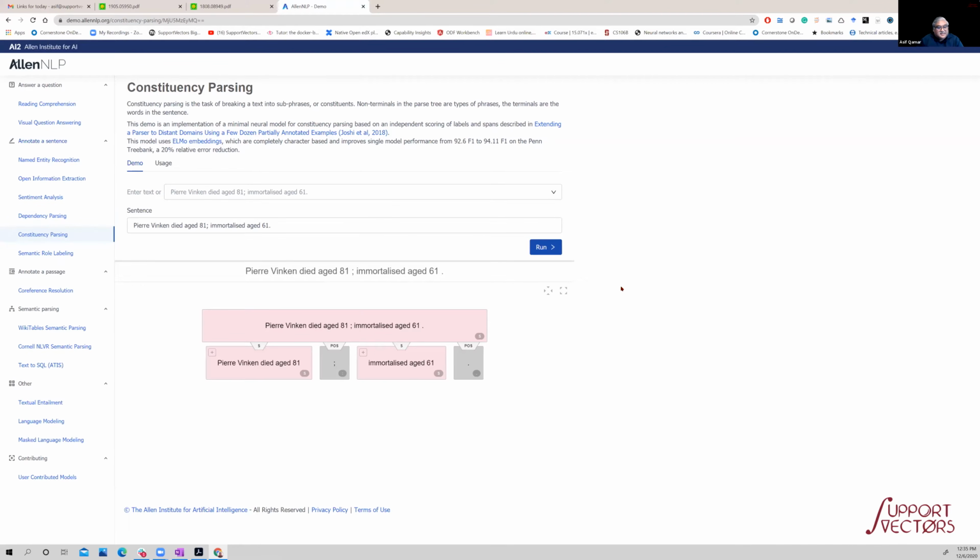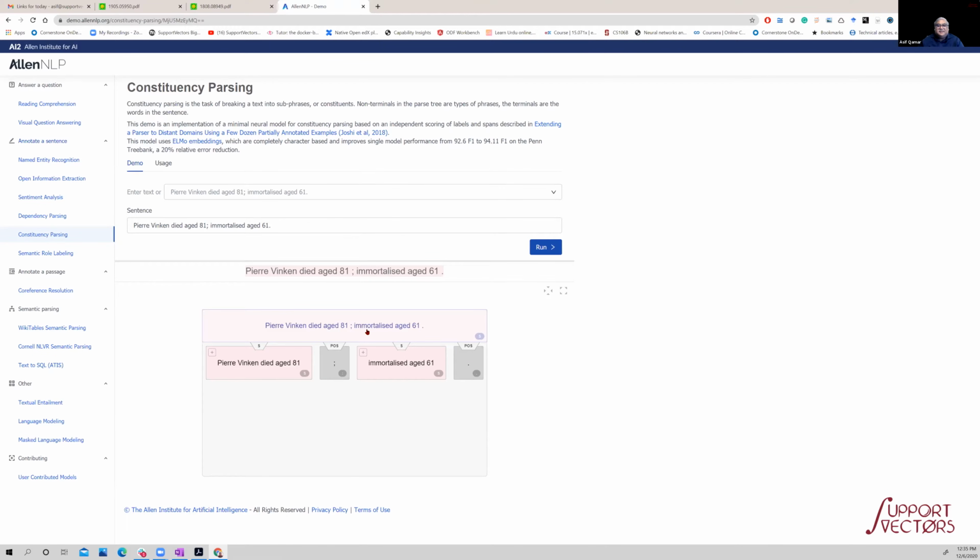This is the full sentence. Then you break it up into phrases or subphrases. So here: Pierre Vinken died, aged 81. You would agree that this semicolon decomposes the sentence into two parts logically. This is a good logical break to make phrases independent.